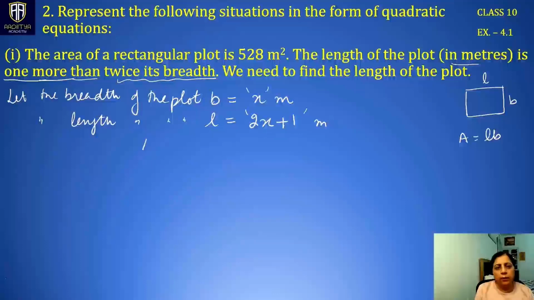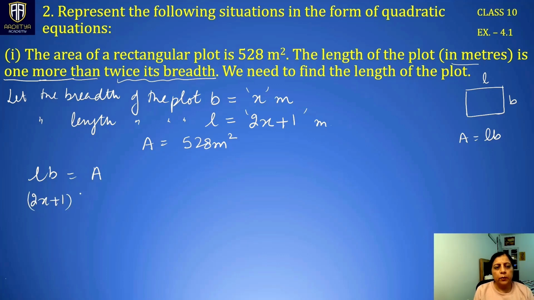Now area, we have been given that area is 528 meters square. And we know that length into breadth is the area of a rectangular plot. Here length is 2x plus 1 multiplied by breadth, which is x.